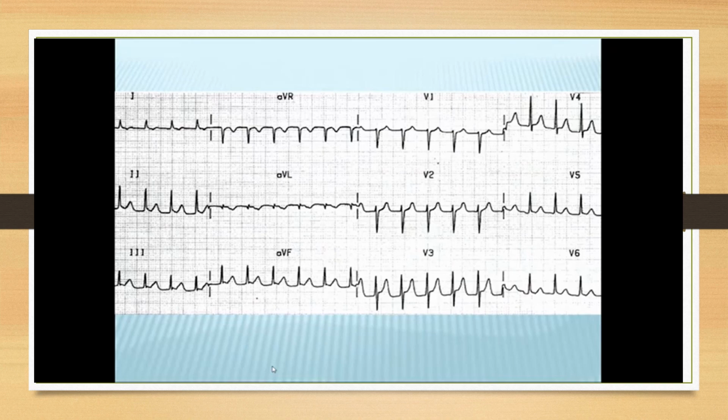As we can see here, there is absence of P wave before Q wave in second standard lead, because I already told you we must start our interpretation from second standard lead. So we can say there is no P wave before Q wave, so it is non-sinus. But RR intervals are the same, so it is regular.